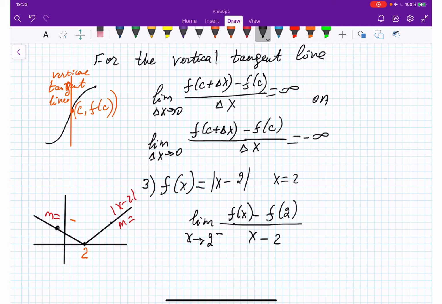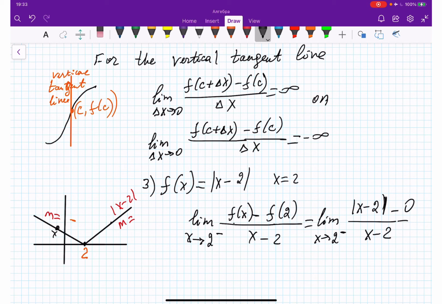Okay, so this is our x, this is 2, is equal to the limit as x approaches 2 from the negative side of absolute value x minus 2, because f of x is absolute value x minus 2, minus 0 over x minus 2, and we are getting negative 1.